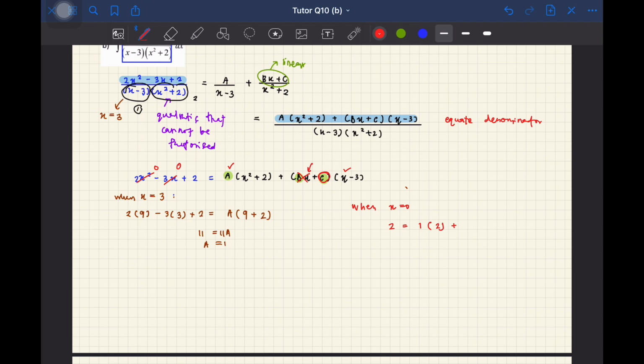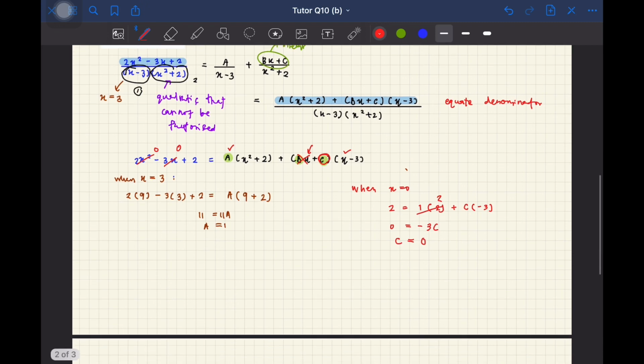So B dah mati, tinggal C sahaja. Okay, and then kita ada dalam bracket 0 minus 3. 0 minus 3 is negative 3. Like this. Okay, so 2 is equals to, this one is equals to 2. So 2 minus 2 is 0. 0 is equals to negative 3C, meaning that C is equals to 0. Settle kat sini.